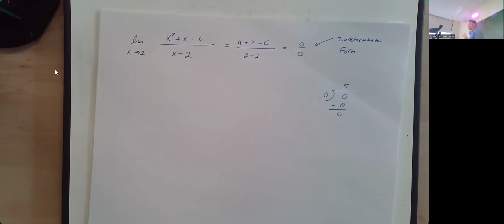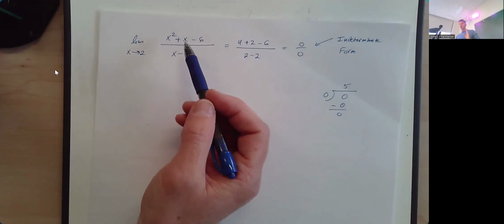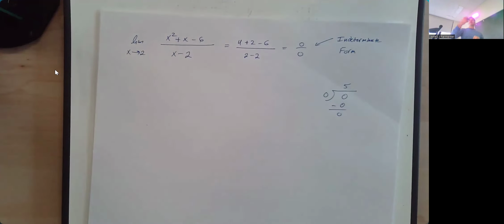Now, here's the good news. We plugged in and we got 0 on top. That means that x minus 2 has to be a factor. You have no other choice. It's literally the fundamental theorem of algebra. It says that if you plug in a real number to a polynomial, which x squared plus x minus 6 is, and get 0, x minus that number has to be a factor. It's kind of cool. We'll see another example here in a minute.